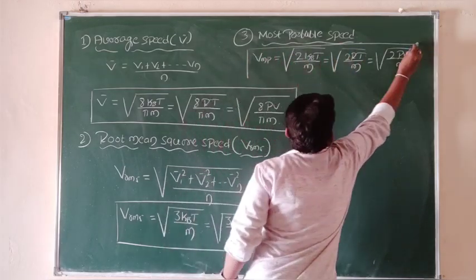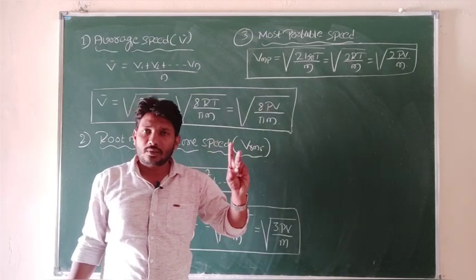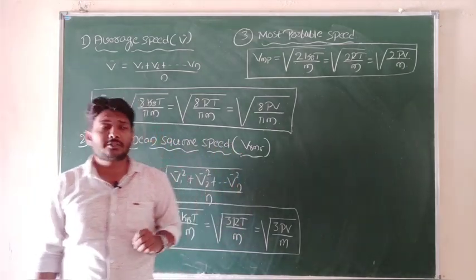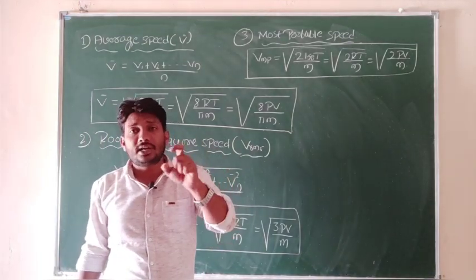So to express the speed of the gas molecules, we have average speed, root mean square speed, and most probable speed. Out of these 3 speeds, which value is greater, we can consider.